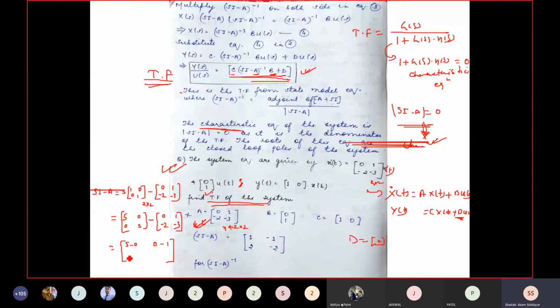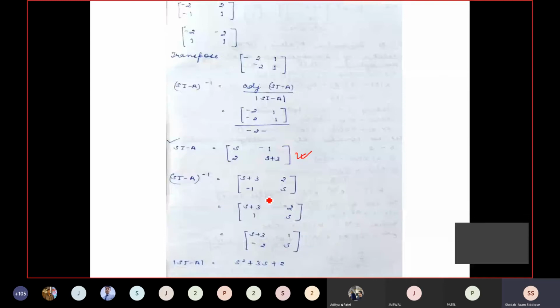So we get [S -1; 2 S+3]. Okay, this is SI minus A.